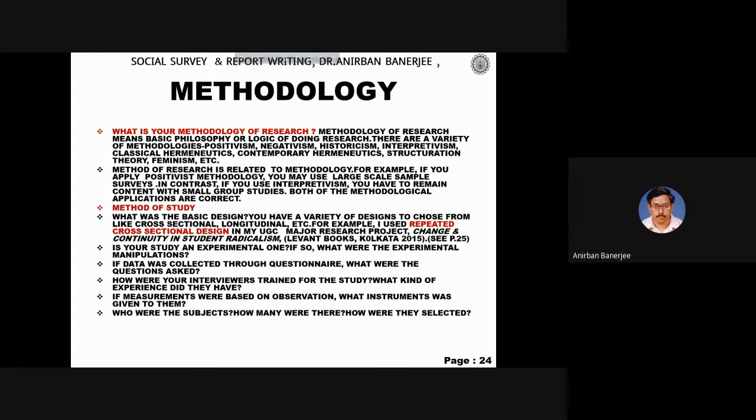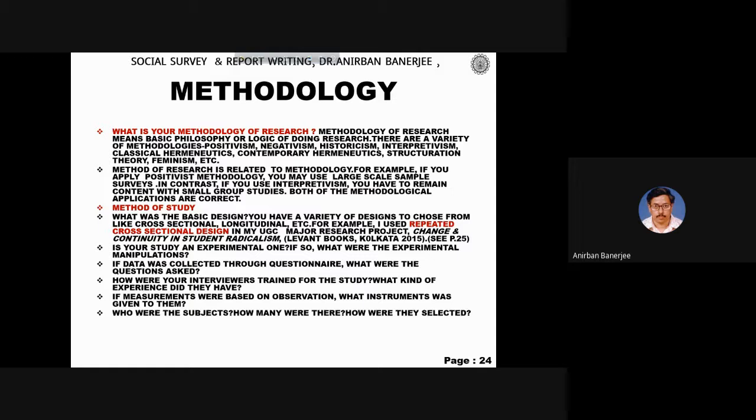Methodology. What is your methodology of research? Methodology of research means the basic philosophy or logic of doing research. There are a variety of methodologies: positivism, negativism, historicism, interpretivism, classical hermeneutics, contemporary hermeneutics, structuration theory, feminism, etc. The method of research is related to methodology.